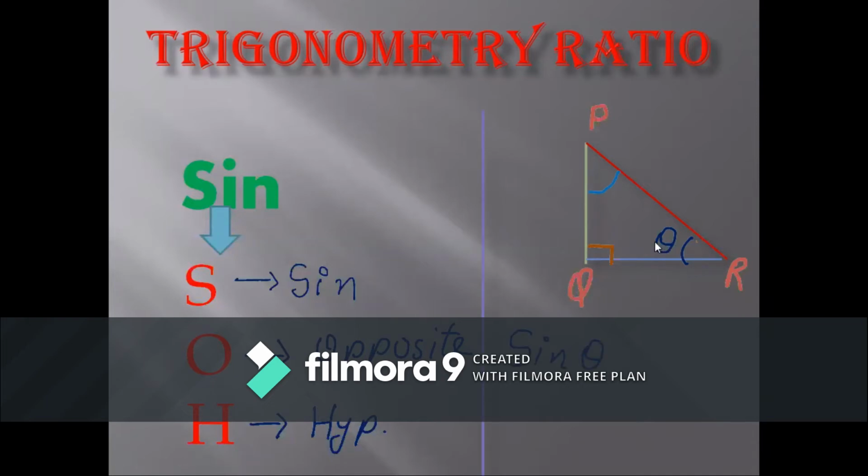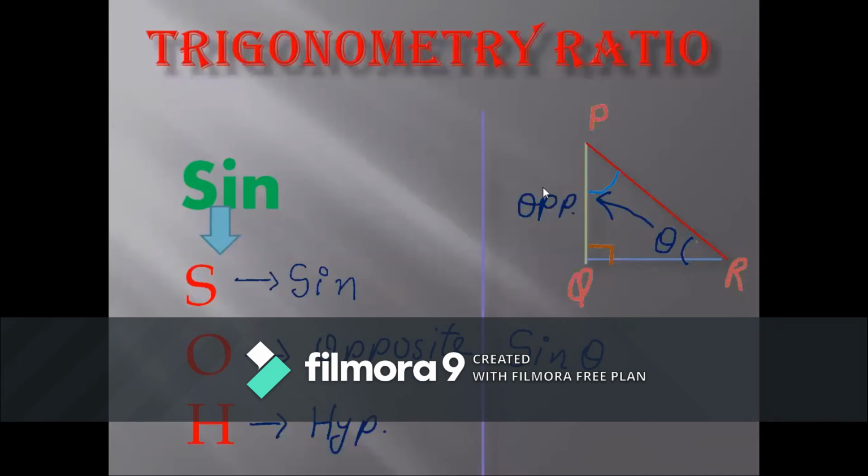Now in this triangle, from R, that is the angle theta, there are two connecting sides, QR and PR. The third one is the side opposite to angle R. This one is the height, PQ.